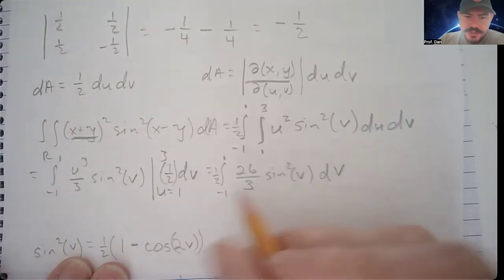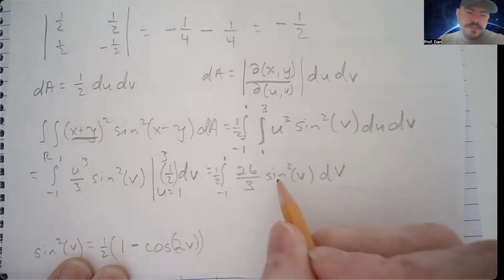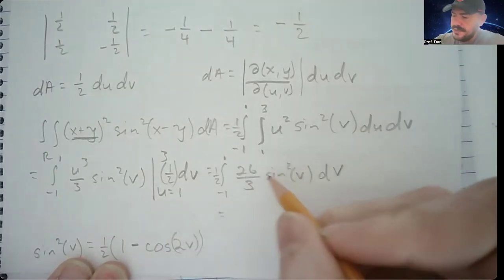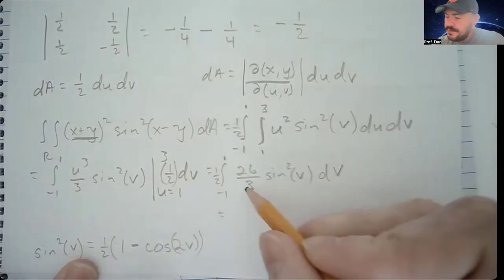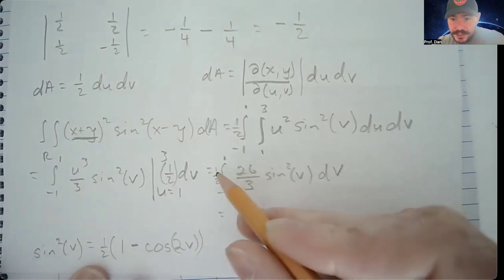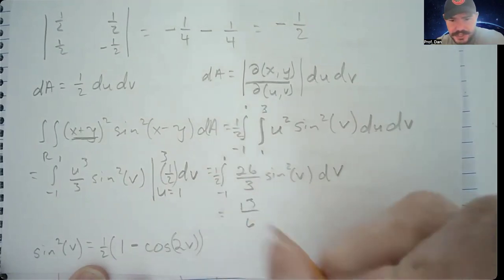So we can replace sine squared v with this. If I do that, the 1/2 will make this into 13 over 3. If I pull that out front, then I get 13 over 6 as that coefficient.